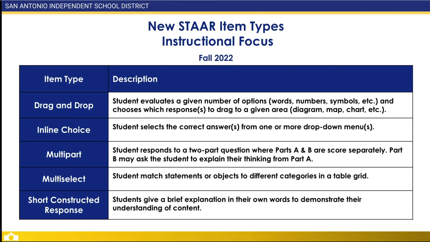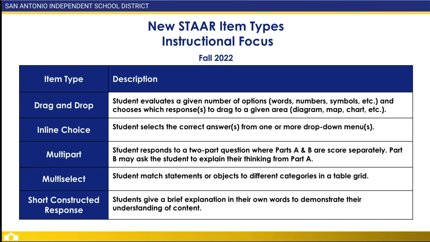And lastly, short constructed response. Students will give a brief explanation in their own words to demonstrate their understanding of the content. We will review short constructed response towards the end of this module so that you can get an idea of how students will apply writing in their classroom.